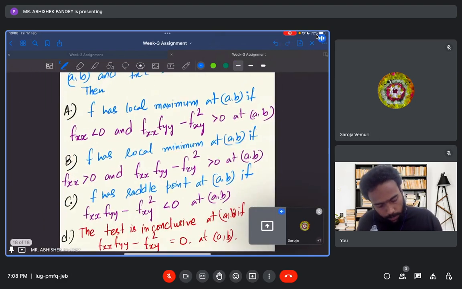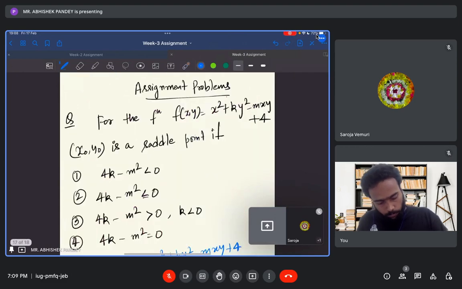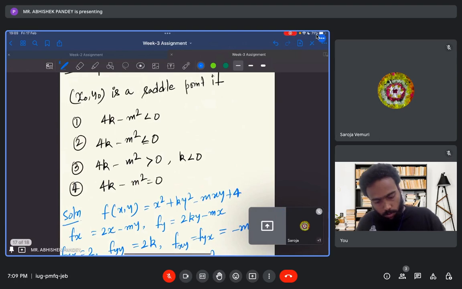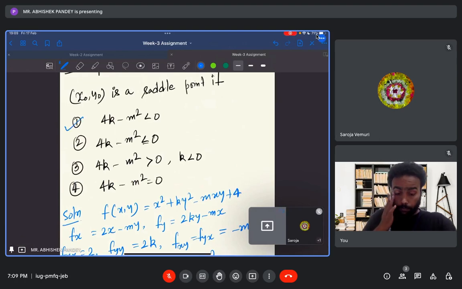So for the saddle point, this should happen. So this point is a saddle point if this is there. Okay. So let us check: fxx into fyy minus fxy square is equal to 2 into 2k minus m square, that is 4k minus m square. So this should be less than 0. So option 1 is correct. Okay.